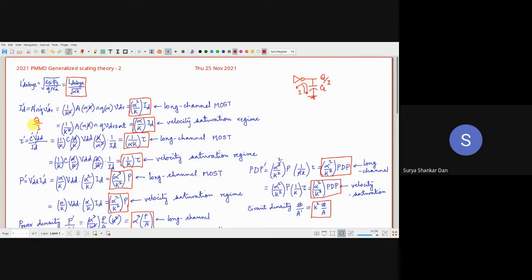So what it means is, the time taken to charge and discharge the load capacitor is effectively the same thing as the amount of time required to change the voltage state from 0 to 1 or from 1 to 0.